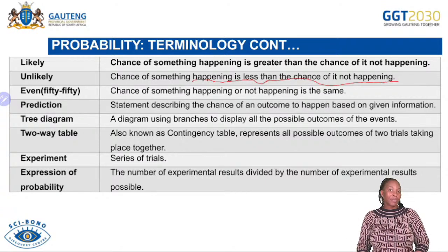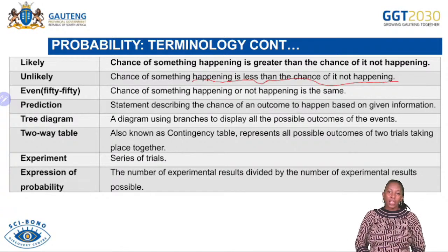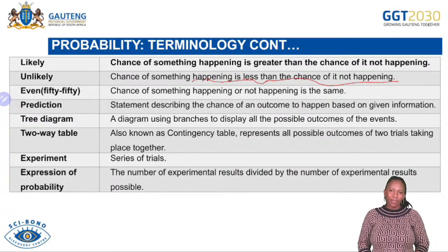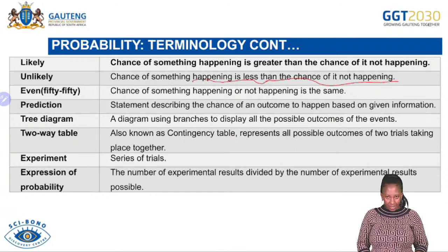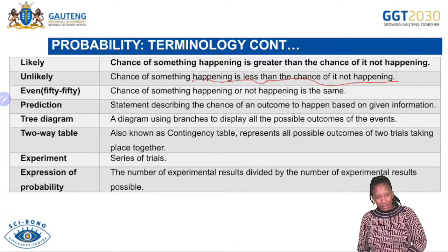It won't be less, but there is a greater chance. Listen to me, I said to you, the likely part: if tomorrow the teacher is telling you that you'll be writing a baseline test, then you know that if the teacher is there, the chances are greater for you to write that baseline test.